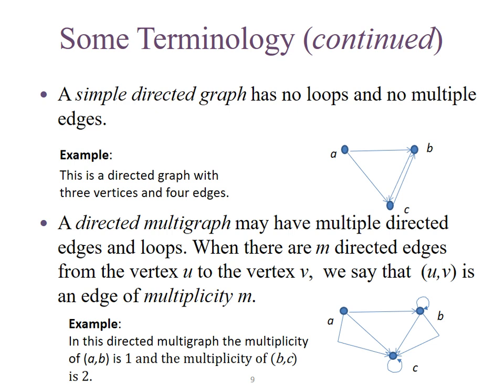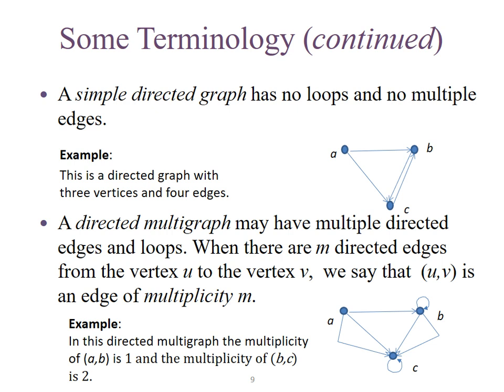Now we can combine the three different types with undirected or directed graphs. For example, the simple directed graph. If we have no loops and no multiple edges, but the edges are directed, then we call this a simple directed graph.